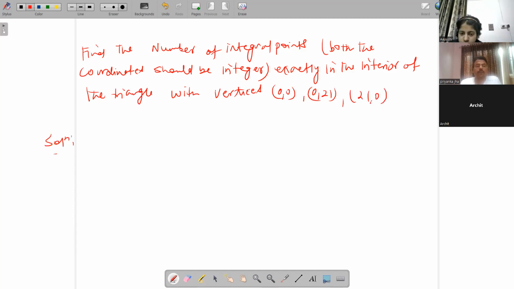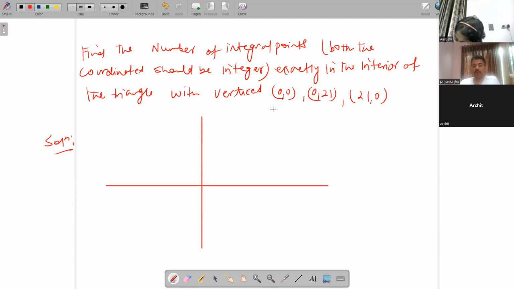See, the question says find the number of integral points, both coordinates should be integer, exactly in the interior of the triangle. Exactly in the interior means you should not consider the points lying on the periphery of the triangle. It should lie exactly inside the triangle. So first you draw the diagram. First you draw the x and y axis.